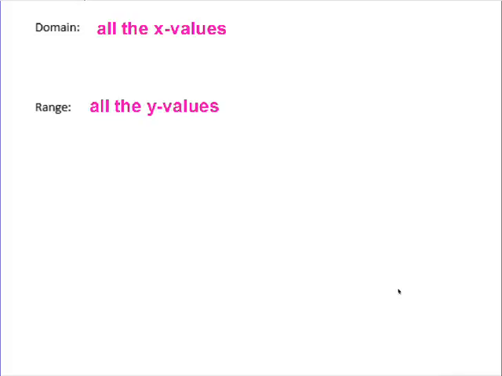Okay, then the last thing we're going to look at is something called the domain and range of a function. Domain is just all the x values, so all the x values that are in that relation or function. And range is just all of the y values. And when you write domain and range, because they are a set of numbers, in math we have something called set notation.